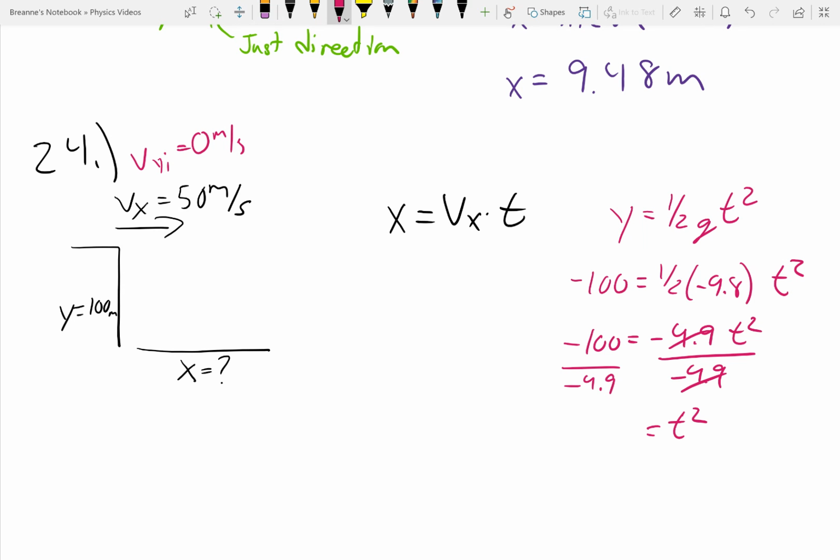That gets us to 10.2. We square root that, and that ends up getting us 2 seconds.